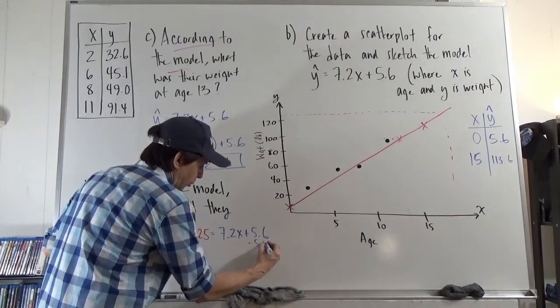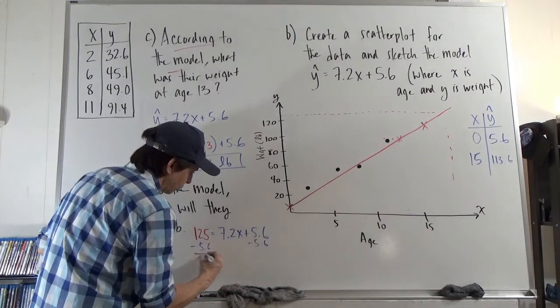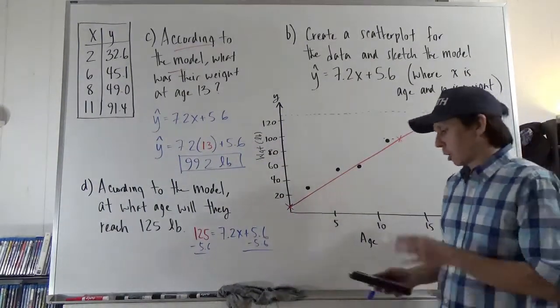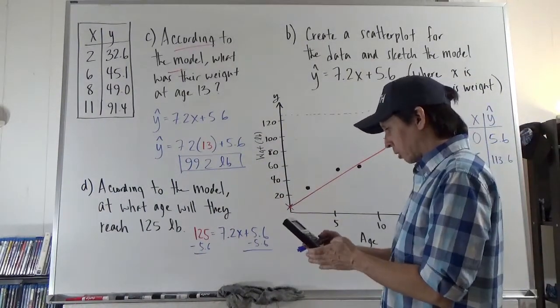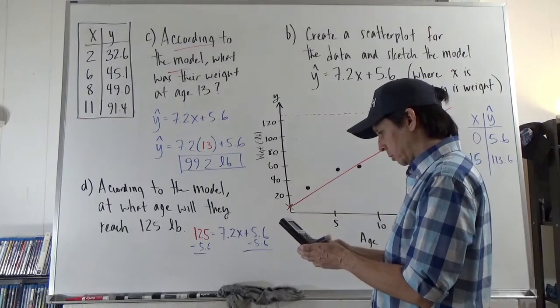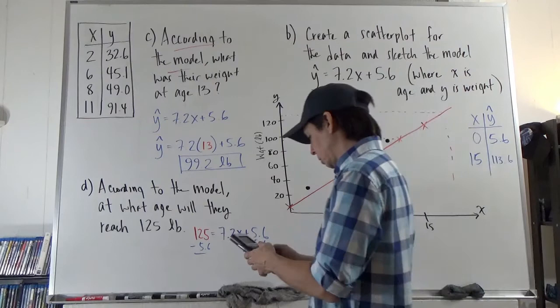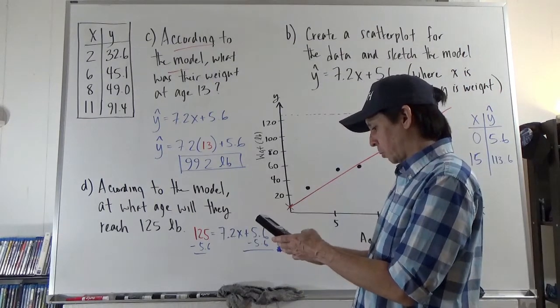You got to subtract 5.6, then you got to divide by 7.2. I'm not going to belabor solving equations. We did it in chapter 3 with the Kung Fu Panda problems, specifically so we could get familiar with it. And then divide by 7.2.